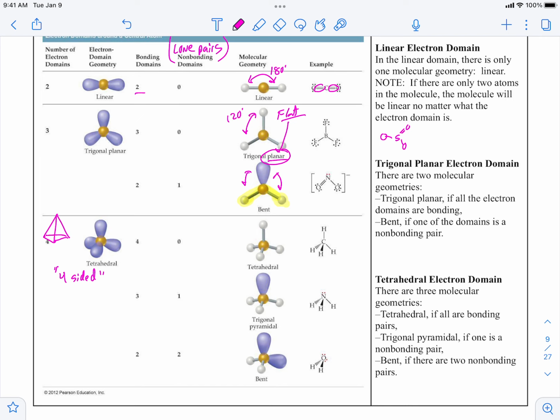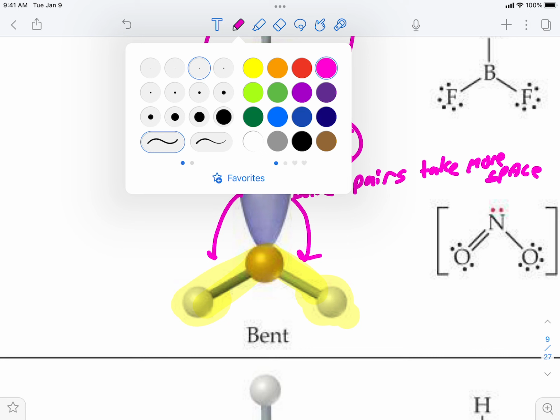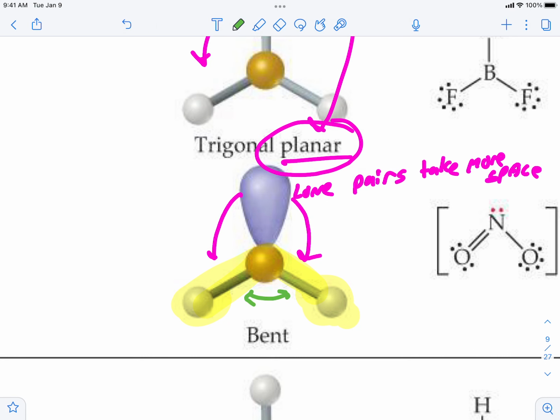Now, this guy here, the bent shape, this angle is not exactly 120. And here's why. The lone pair is essentially wider, it's fatter. So lone pairs take more space, which means the angle here and the angle here are not the same. It's close, but it's not.